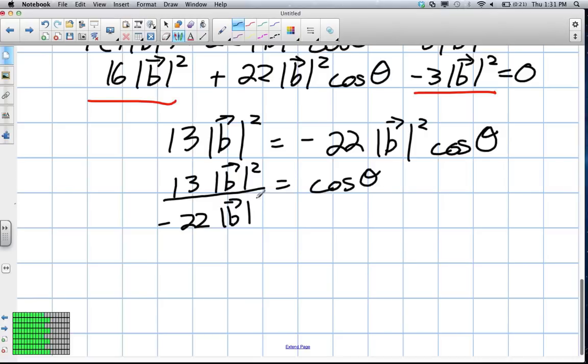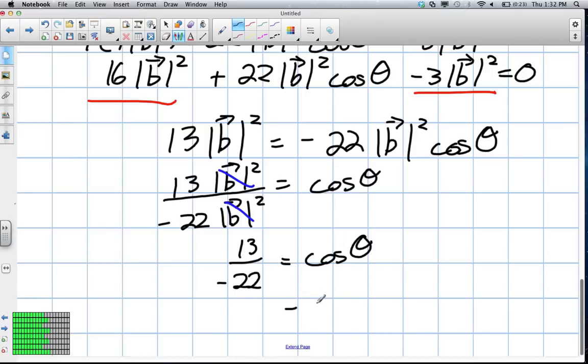Now I have B squared divided by B squared. Anyone know what that'll equal? Cancel. It technically makes a number. Anyone know what number? 1. It technically makes the number 1. But for our argument's sake, we're going to cancel these two out. And we're now left with 13 divided by negative 22 is equal to cos theta.